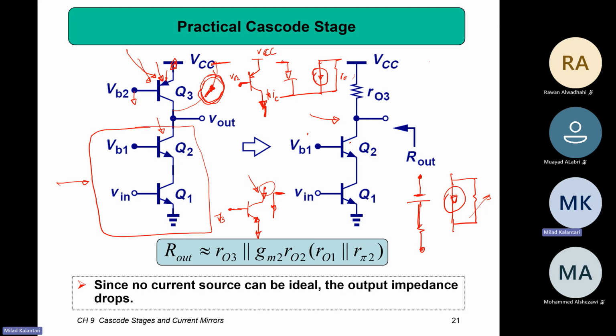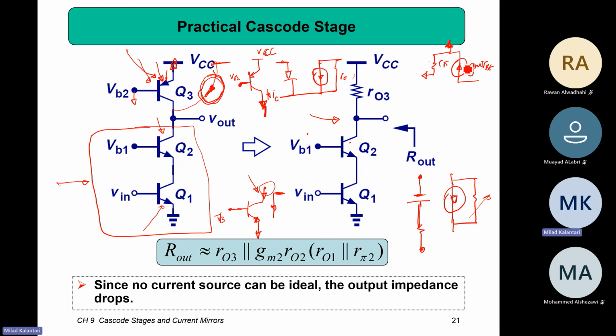What we are left with, let's try to plot it. Basically, it has some R pi. The emitter is here, grounded, right? It's connected to VCC but AC ground. The V bias is also grounded. And then this is the gm VBE. I draw it exactly similar to the NPN, as you see, right?